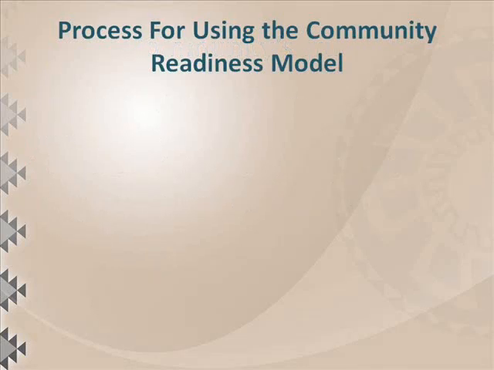The process for using the community readiness model is a simple process. The community or group that's interested in using the model identifies the issue, which can be child abuse, domestic violence, head injuries. The list is infinite on what the concern or issue may be within the community.